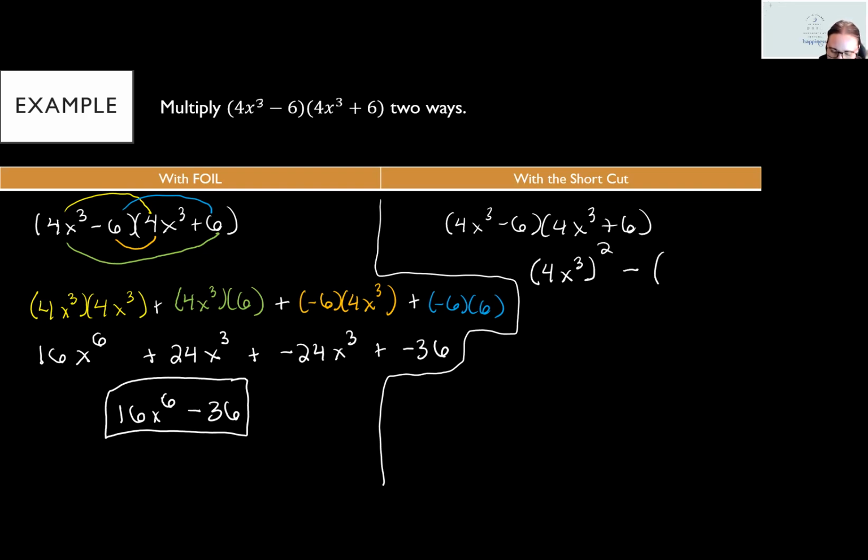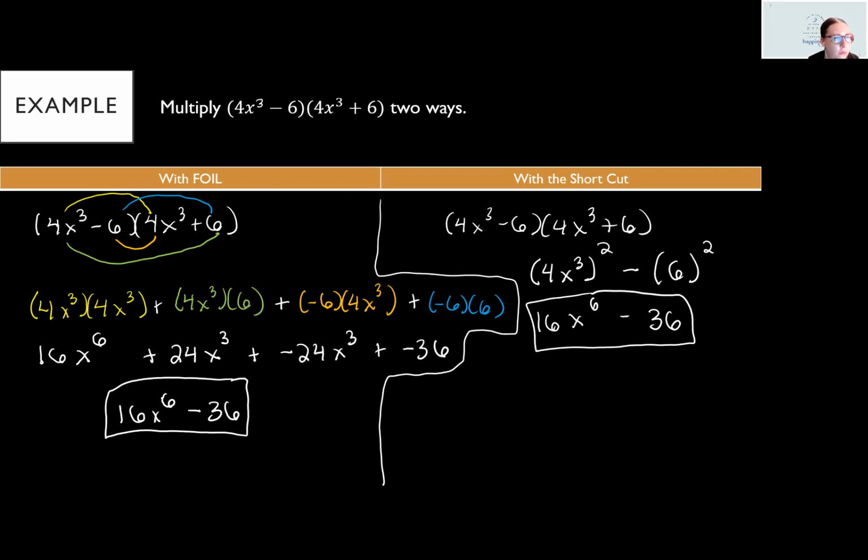And then you have a minus, and then you take your 6 and square it. And so the 4 squared becomes 16. And with the exponents, you multiply those exponents. So 3 times 2 is 6. So we get our 16x to the 6th. And then 6 squared is 36. So we get the same answer, but with fewer steps in this case, because I showed more work on the FOIL than elsewhere.